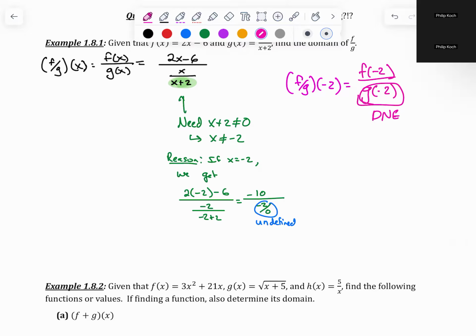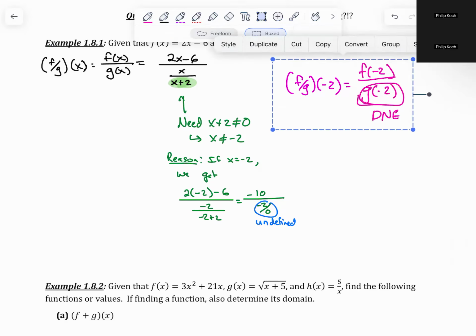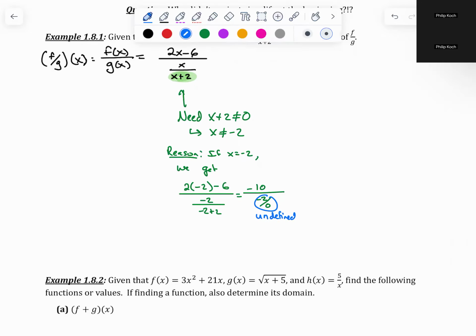Do you have a question? Yeah, wouldn't 0 also not be allowed too? Exactly right. That's one piece of the puzzle. But the next piece is that since this is the denominator, we can't have it equal to 0.